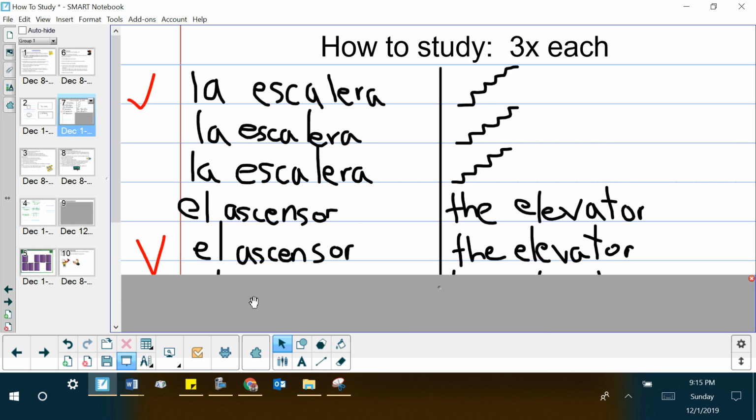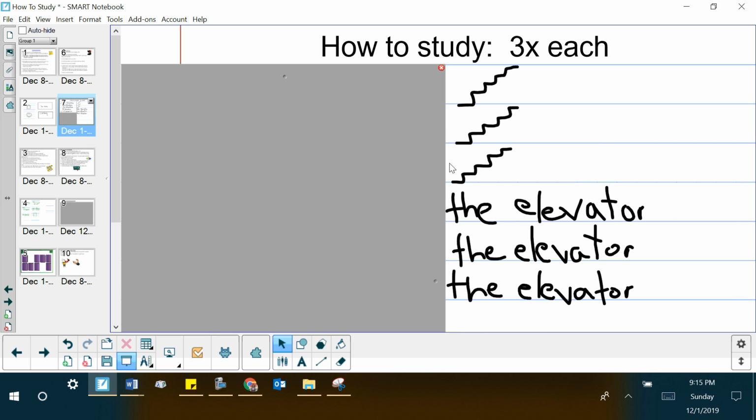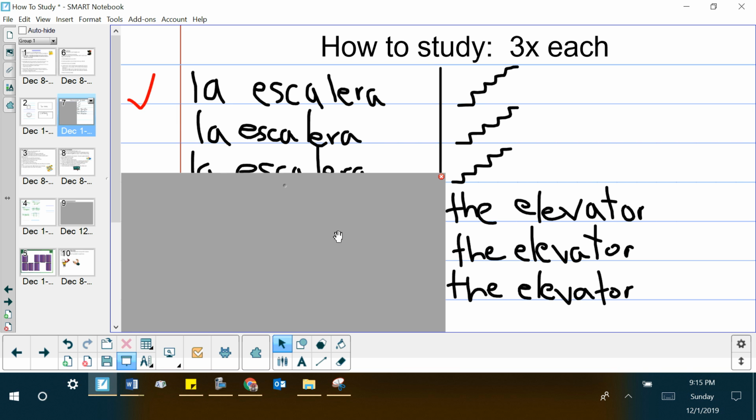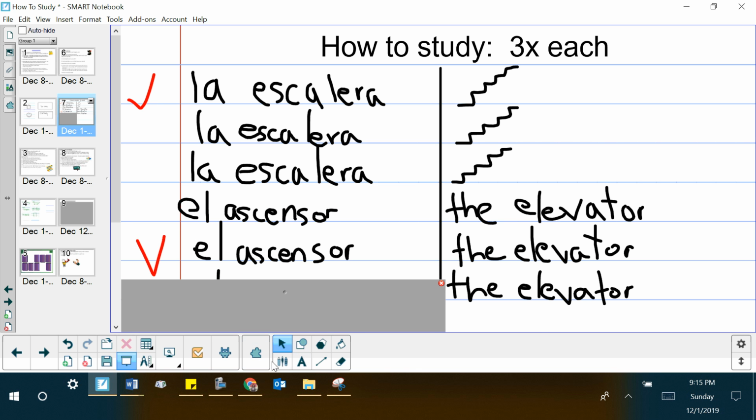Now I'm going to come on over here and see if I know my Spanish. I'm studying house vocabulary. That looks like a bunch of stairs. La escalera, because I'm scaling up a mountain. Yep, I'm right. The elevator. Well, an elevator ascends floors, so el ascensor. Oh, I'm right. So I'm going to give myself another check.